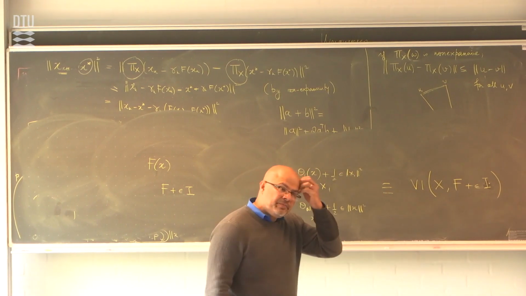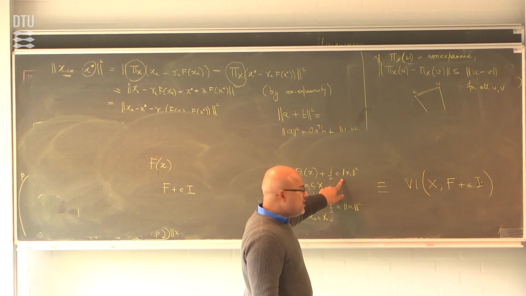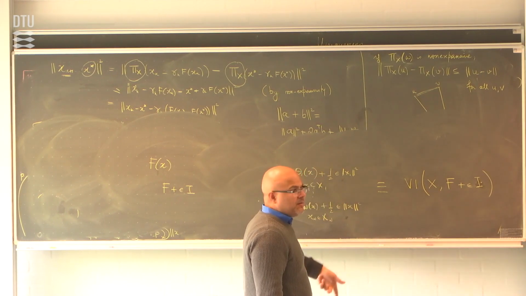Why is that? When I differentiate this, I just get x1. If I differentiate this, I get xn, and so on.